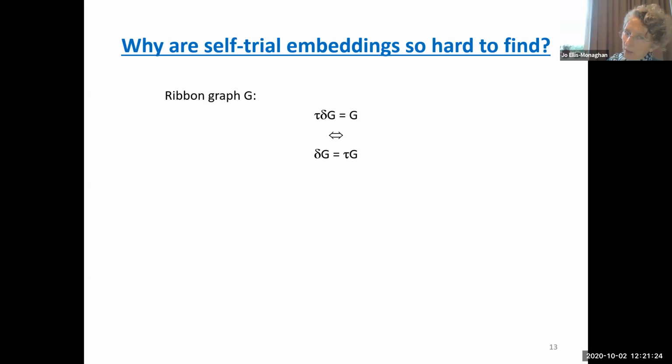But this is a group operation, so that means being self-trial is true if and only if you take the dual of the graph and you get exactly the same thing as if you twist all the edges, which is really kind of bizarre.